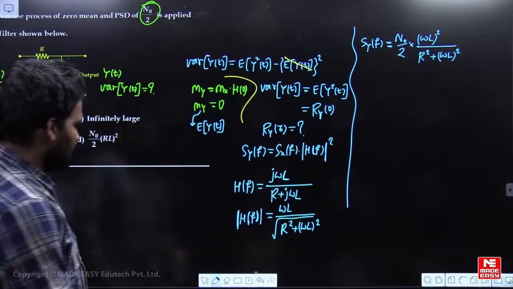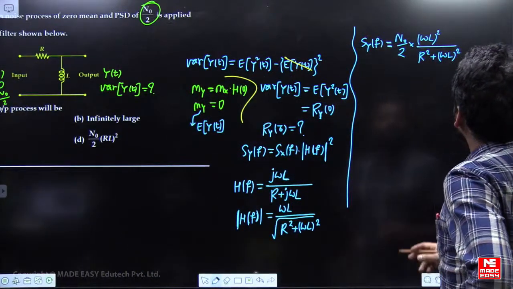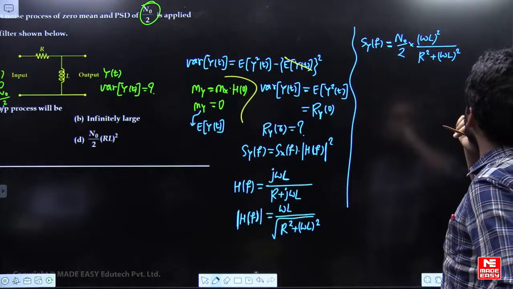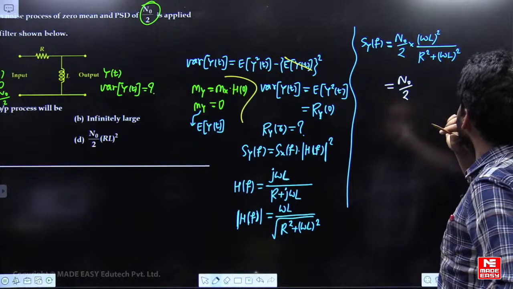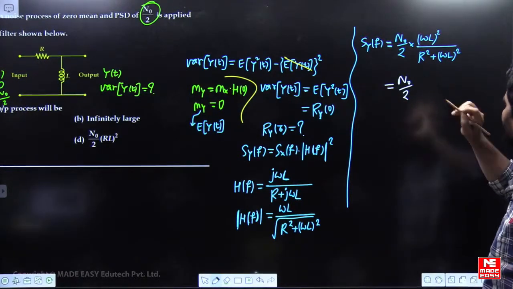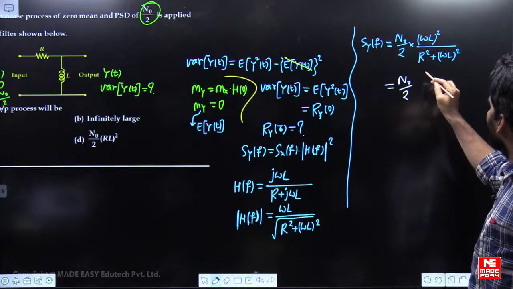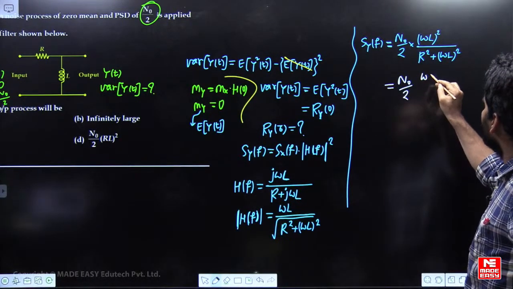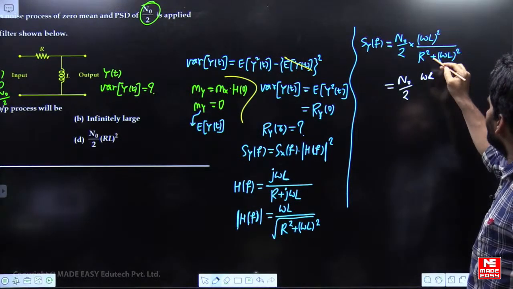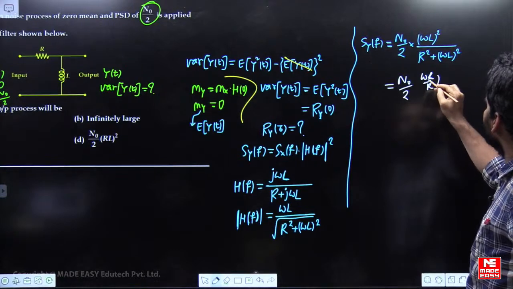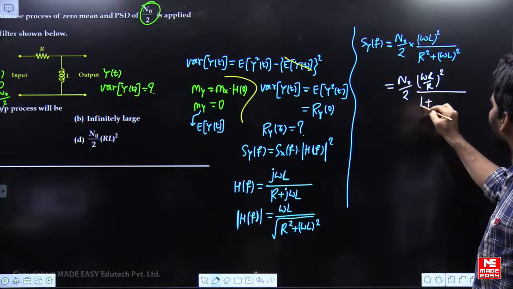To find the inverse Fourier transformation, I can write it in a much more convenient form. So let me write N0 by 2. If you take R square common, you can write the numerator as omega L by R square upon 1 plus omega L by R square. I am taking R square common, so in the numerator it is omega L by R square.